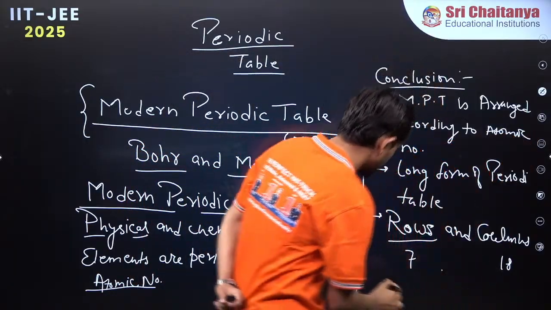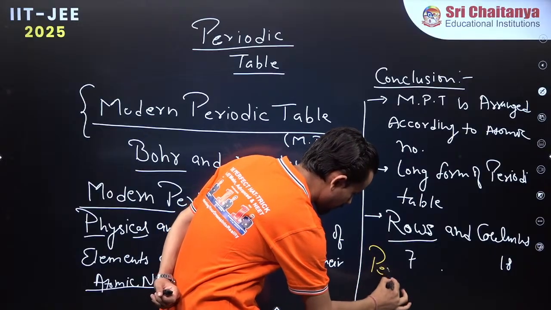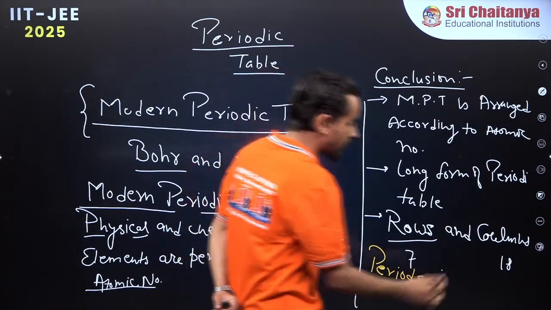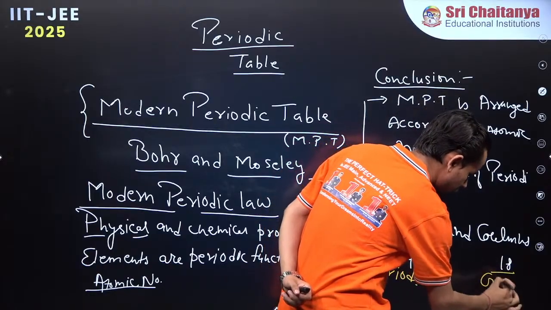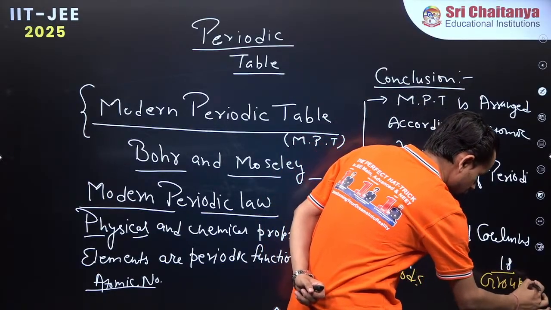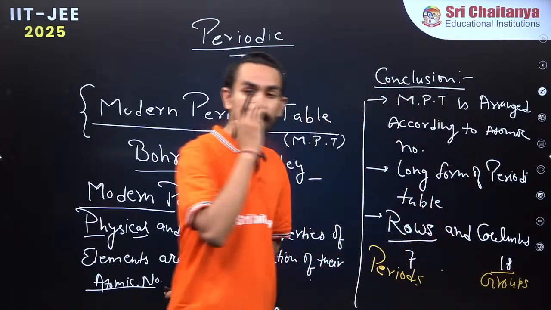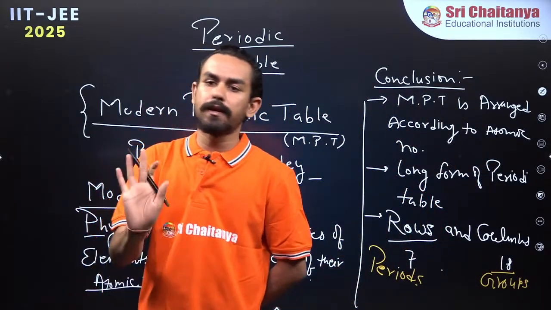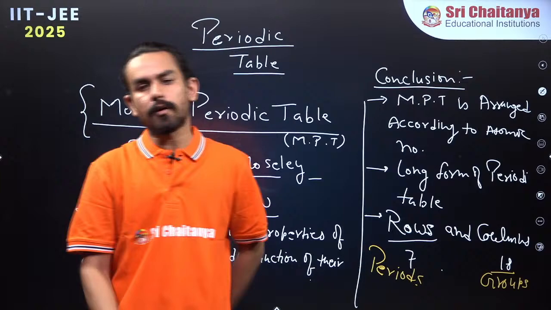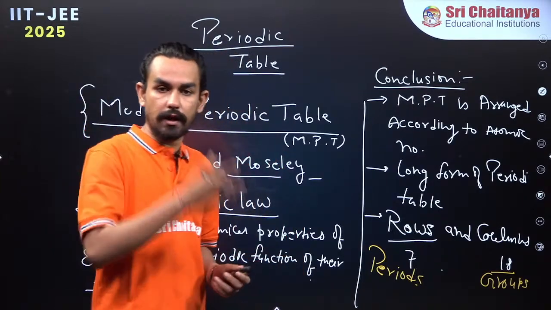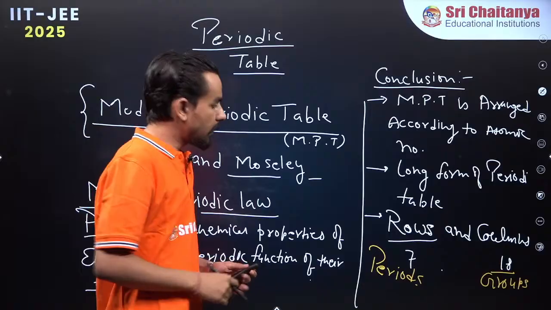These rows are known as periods, and these columns are known as groups. If somebody asks how many periods are there in the modern periodic table, 7 periods are there. And there are vertical groups also, 18 in number.